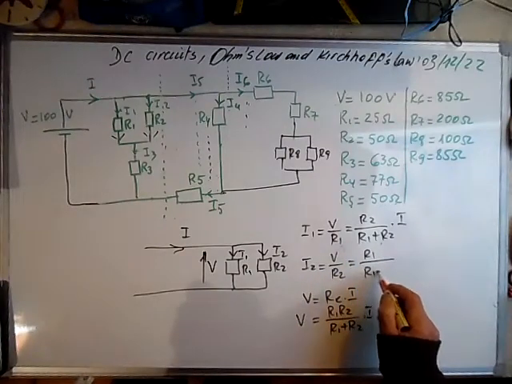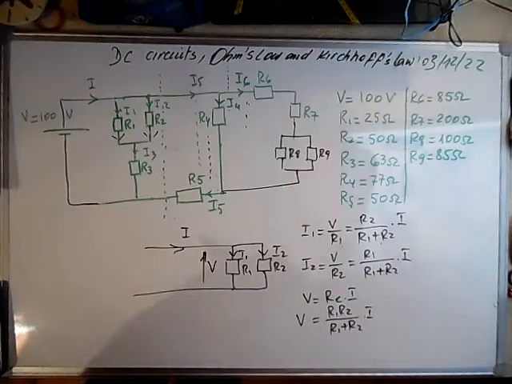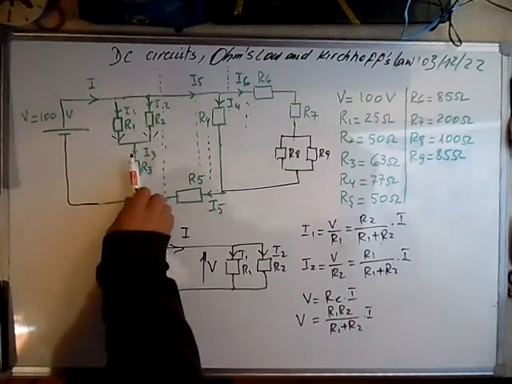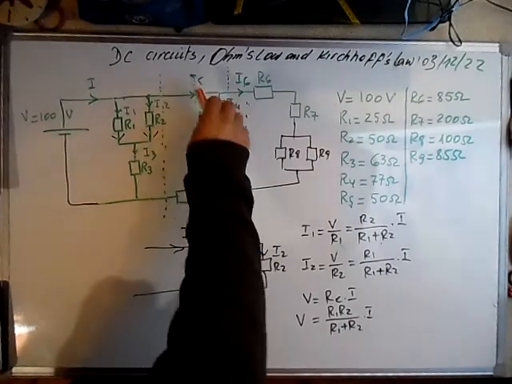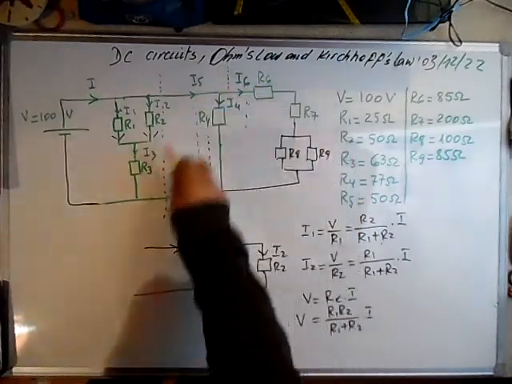So we are going to use only the current divider to calculate all the currents. If we know this current, we can calculate I3 and I5, knowing the equivalent resistance of this.